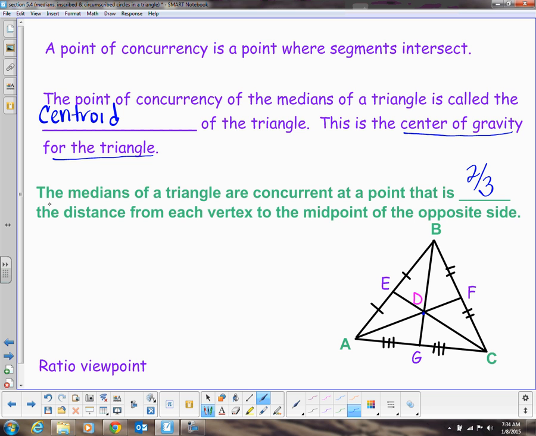The medians of a triangle are concurrent at a point that is 2/3 the distance from each vertex to the midpoint of the opposite side. In other words, the distance from here to here, vertex to midpoint, is 2/3 the entire distance. It's 2/3 GB.